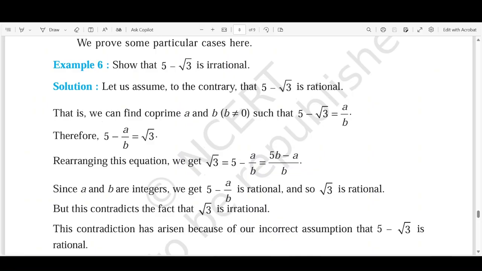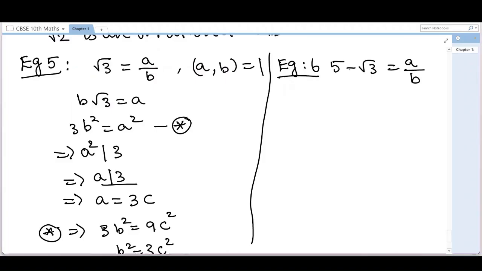It's very simple. We have to rewrite this number such that root 3 equal to 5 minus a by b, which is equal to (5b minus a) by b.